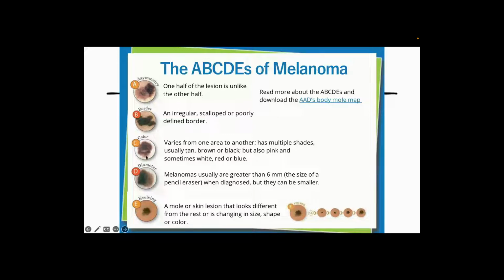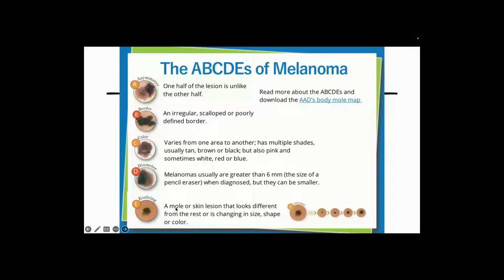You have part of it that's tan, part of the lesion that's brown, and then part of the lesion that's black. And then diameter. A general rule we use is if something's greater than the size of a pencil eraser, which is about 6 millimeters. And then the last one, and probably the most important, is evolving.